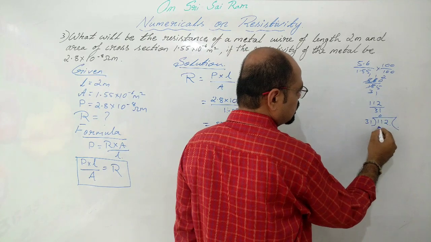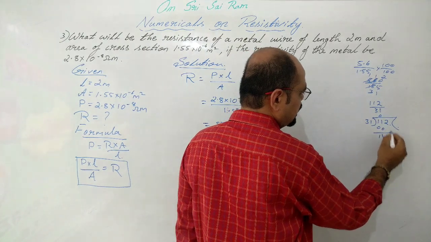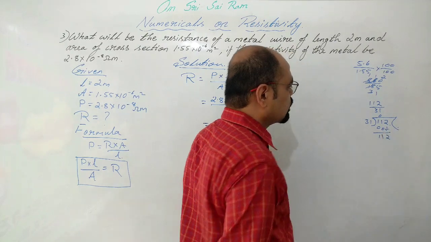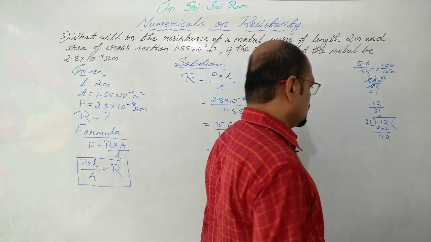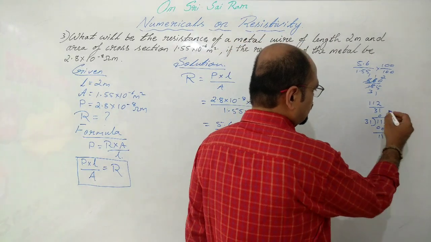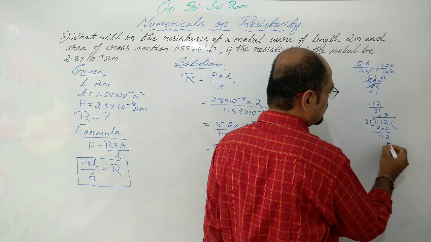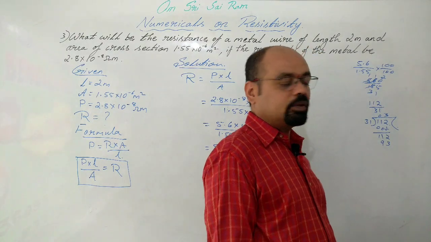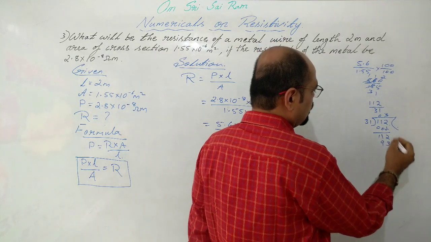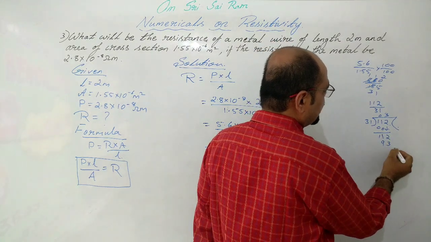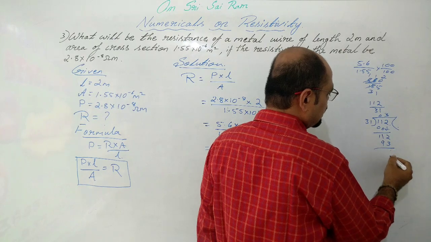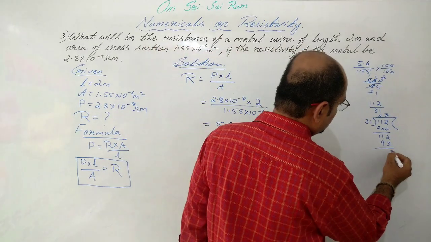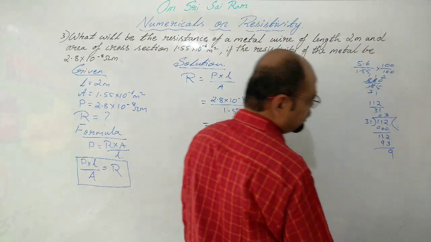So 31 zeros are 0, we can take 11 and we can take 2 down. So 31 3s are 93. Now 2 minus 3 is not possible. 12 minus 3, we get 9.